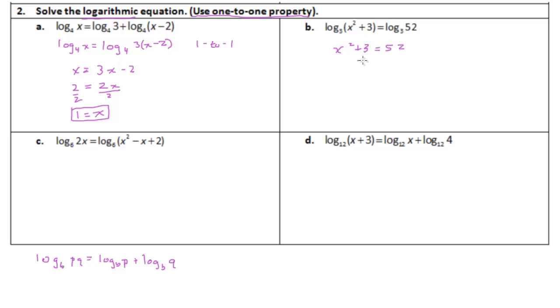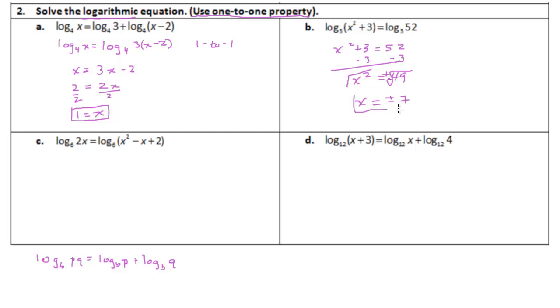And I'll subtract 3 from both sides, and I get x squared on the left is equal to 49 on the right. Take the square root of both sides, plus or minus, don't forget that, and I get x is equal to plus or minus 7.